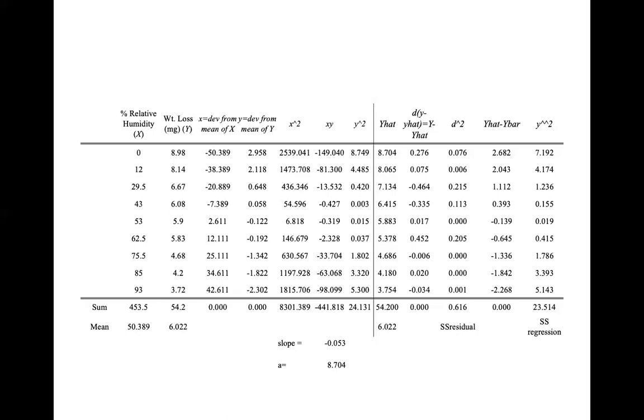Small, small, small, small, small, small, as opposed to large, large, small, small, large, large. Because these blue values don't deviate from the grand mean, the sum of squares due to regression is small.